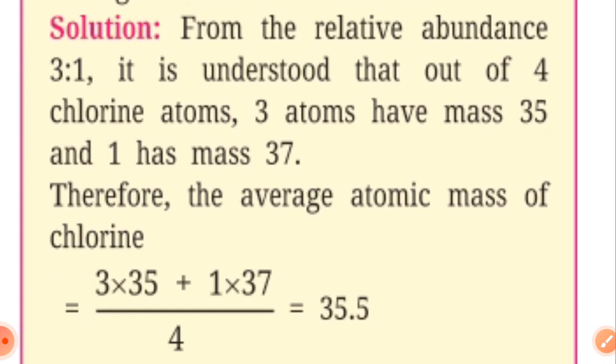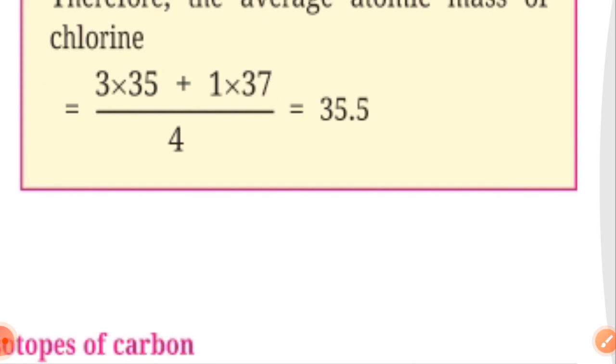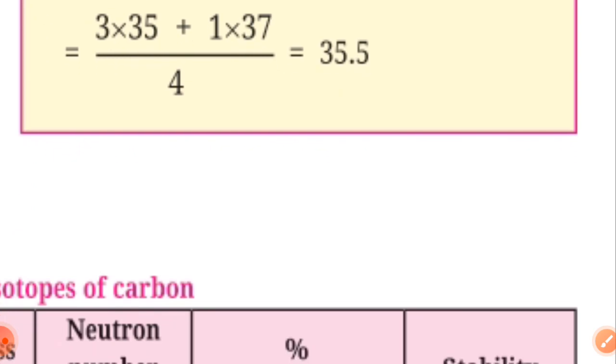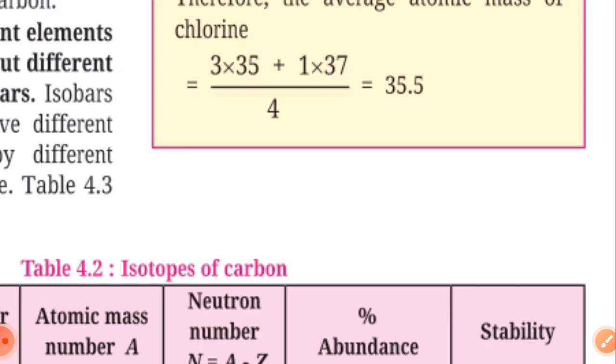From the relative abundance 3 is to 1, it is understood that out of 4 chlorine atoms, 3 atoms have mass 35 and 1 has mass 37. Therefore, the average atomic mass of chlorine is equal to 3 multiplied by 35 plus 1 multiplied by 37, upon 4, which is equal to 35.5.